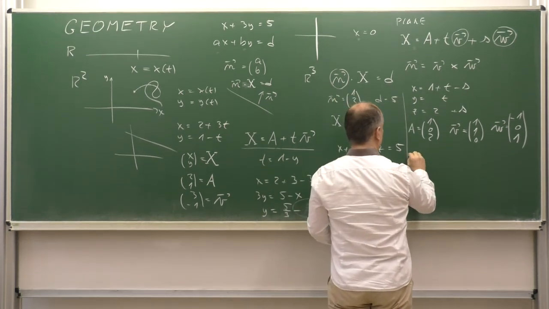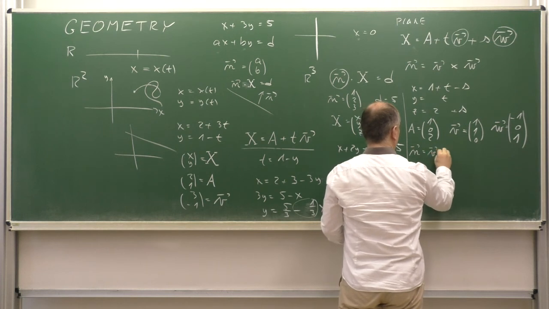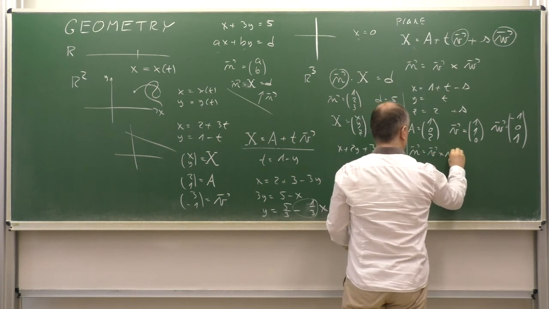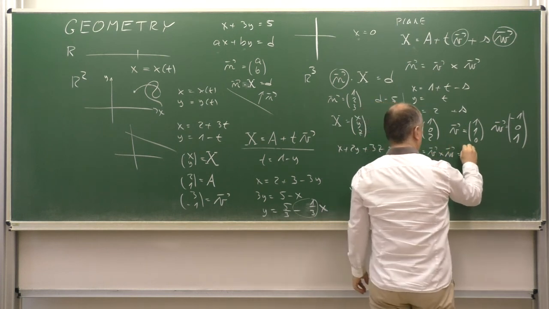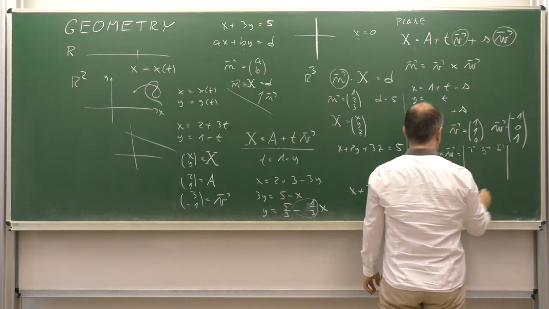And then we can find the normal vector as the cross product v cross w, which is the determinant with i, j, k.